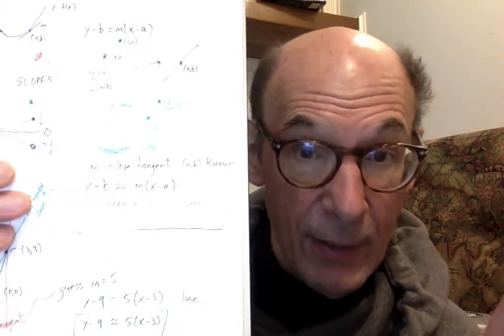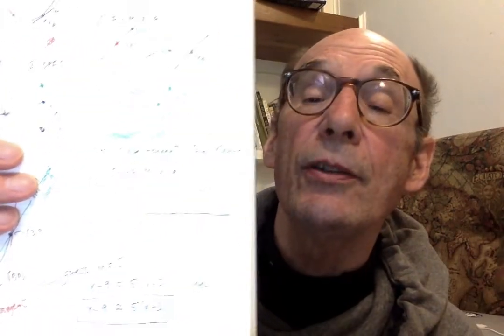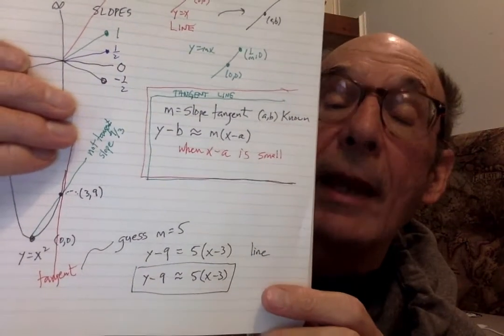So there's the approximation. It's not exact. It's an approximation. I said from the get-go it's going to be an approximation, and then let's actually see how good it is. So if x is 3.1, this is saying that y minus 9, where y is 3.1 squared, is approximately 5 times 0.1.